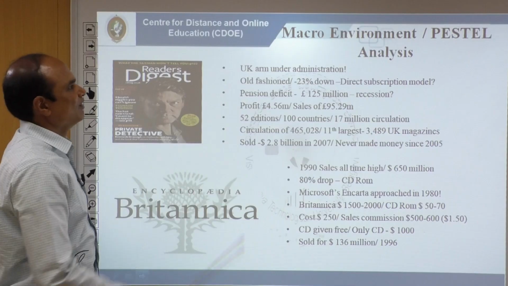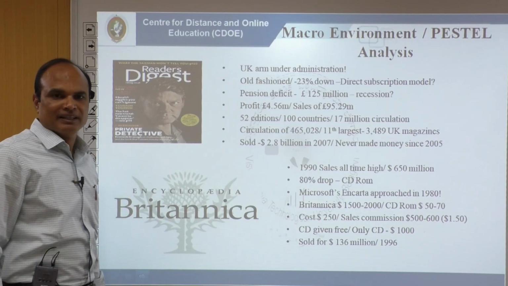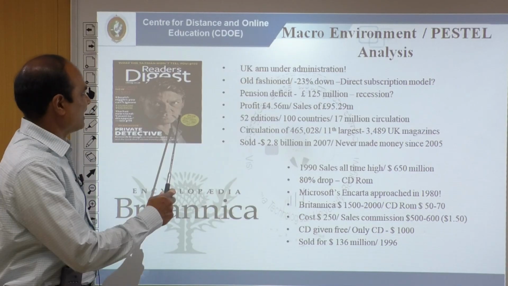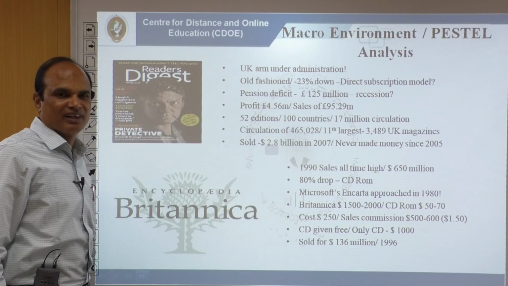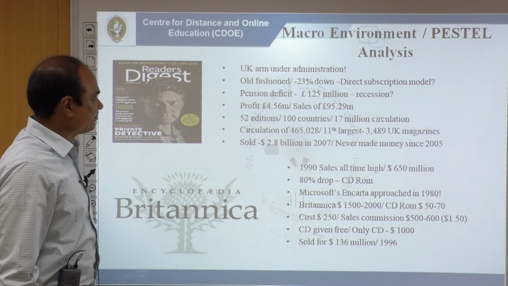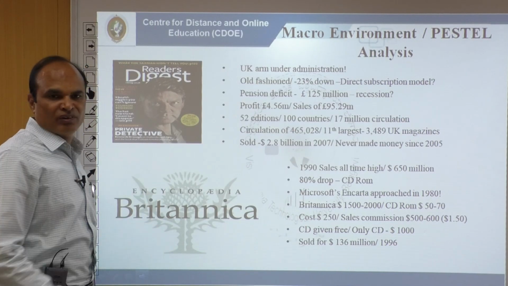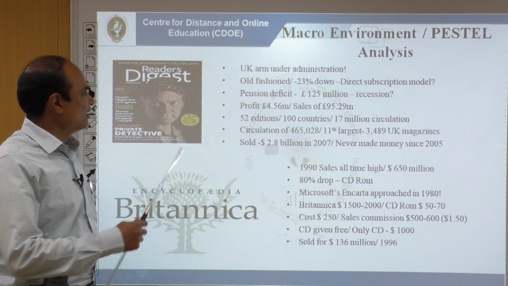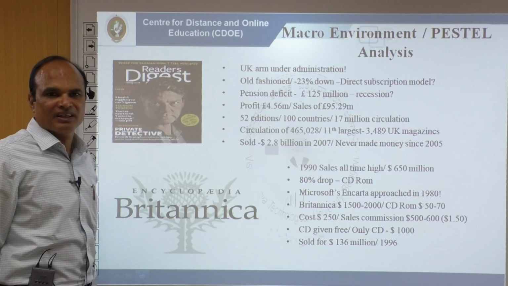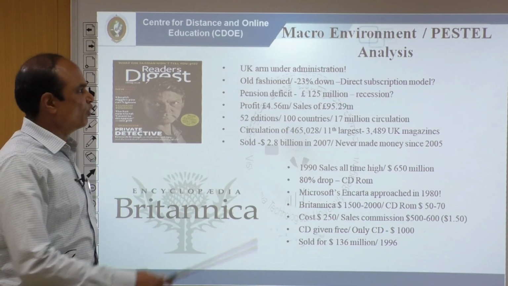So, let us look at the macro environment or PEST analysis. We have the classic cases of Reader's Digest and Encyclopedia Britannica. We all know how famous Reader's Digest was. Its UK arm went under administration, being old fashioned.